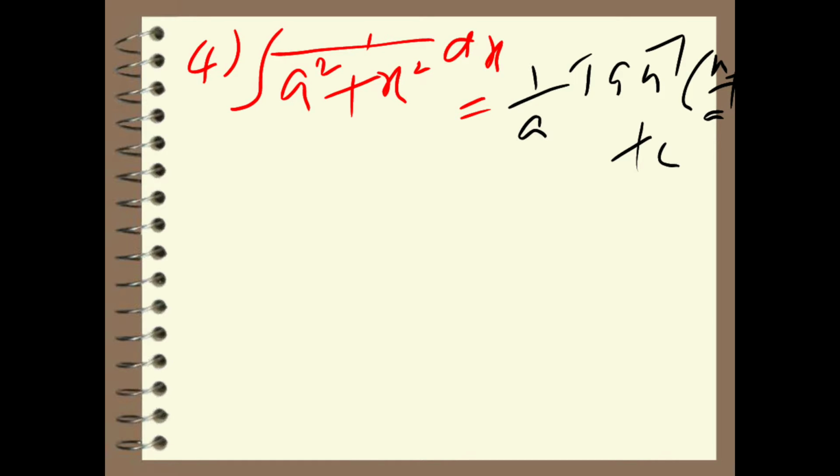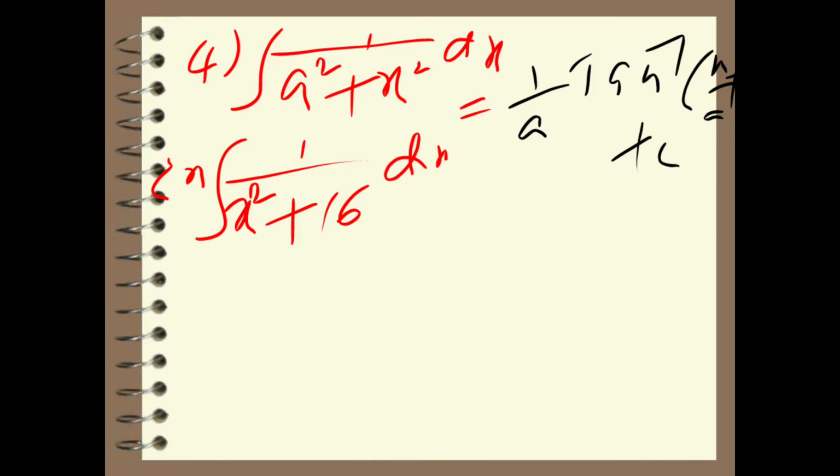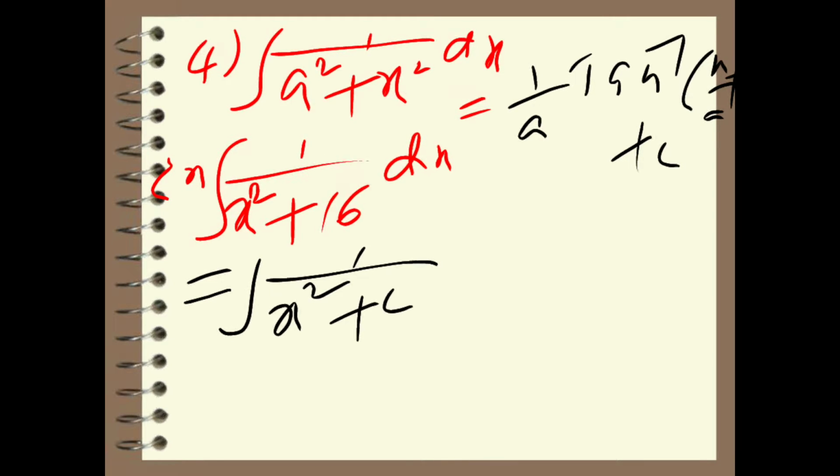Okay, we see one example. Let us do this one: 1 by x square plus 16 into dx. So what is the first step here? First you have to convert 16 as perfect square number: 1 by x square plus 4 square.